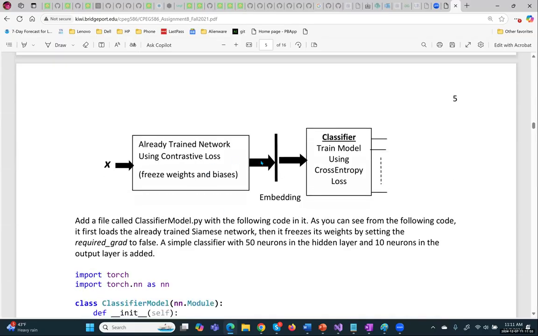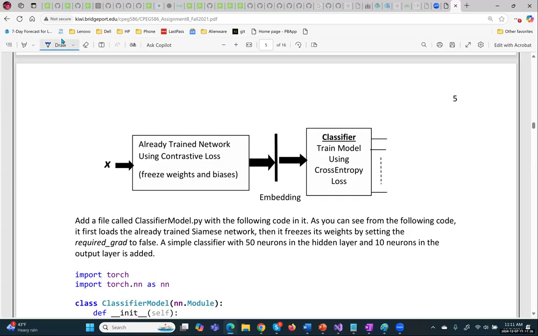Like I was saying, there are 2 phases to the training process. First, we just train it for the contrastive loss. There's no classifier. Then after it is trained, we take the part of the network up to the latent layer, and then we attach this classifier.